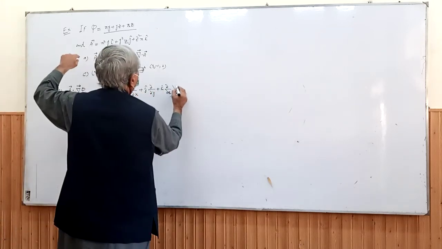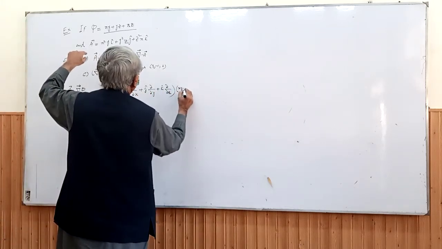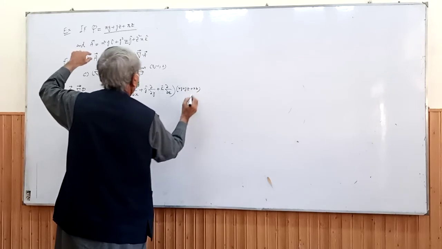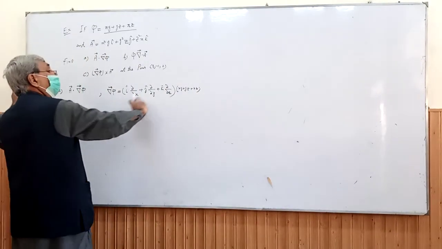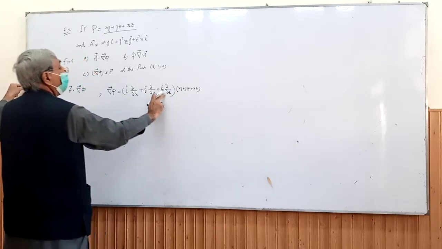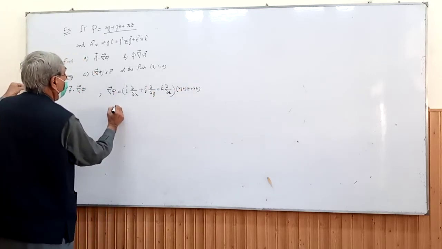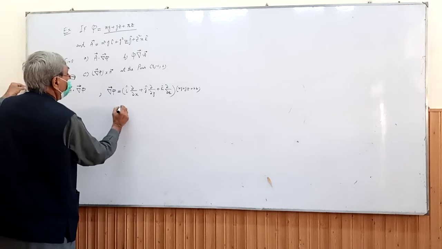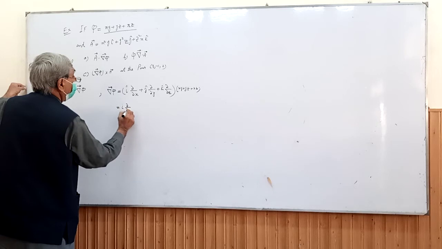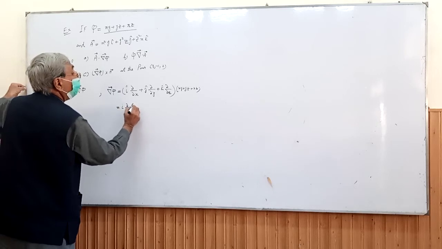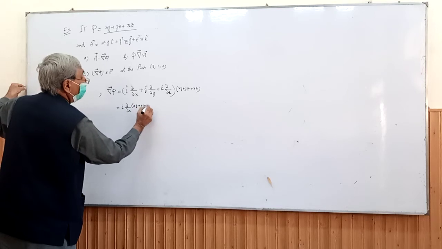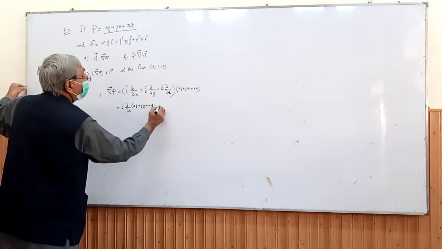So del operates on xy plus yz plus xz; it operates on all these three terms. So we have i del over del x of (xy plus yz plus xz).